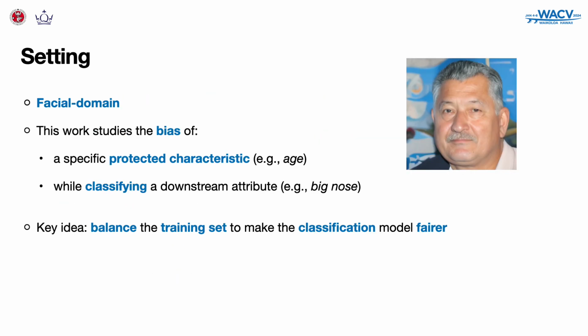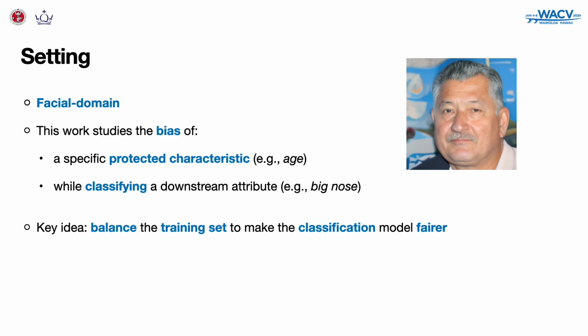The setting of this study is the facial domain. Therefore, we have two main facial attributes to consider at the same time: the protected characteristic and the downstream classification attribute. We consider both in a binary fashion. The protected characteristic represents the attribute toward which the bias is studied, for example, age or skin color.